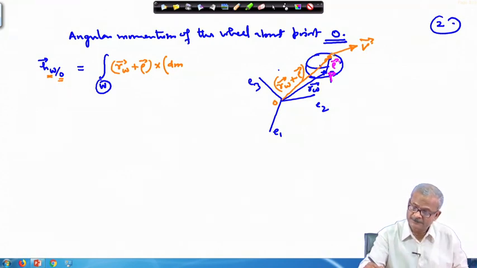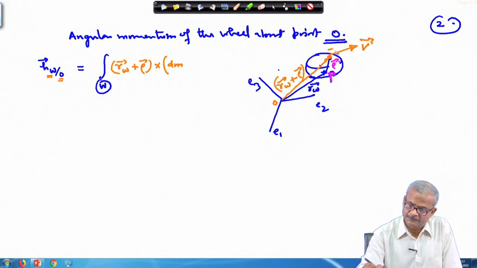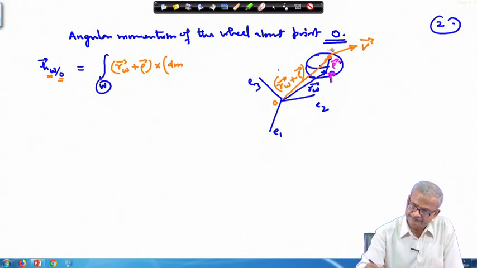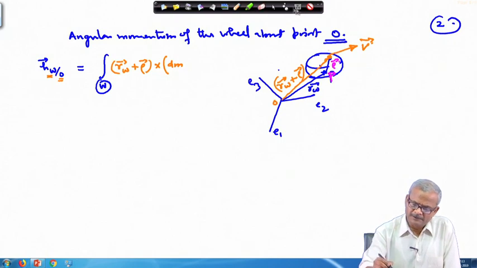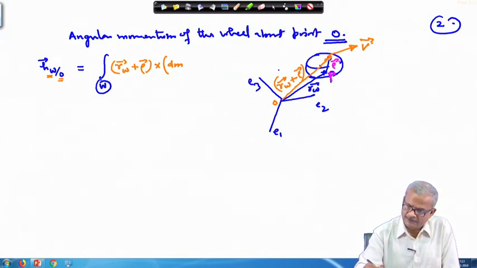So, this is velocity of the point, let us term this as q r. I will not name this, we will fall short of the notation.